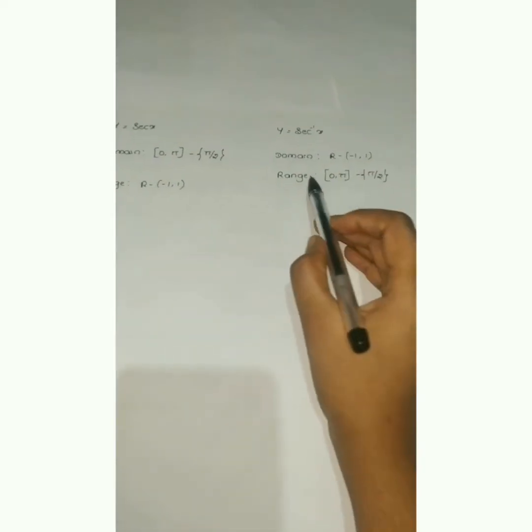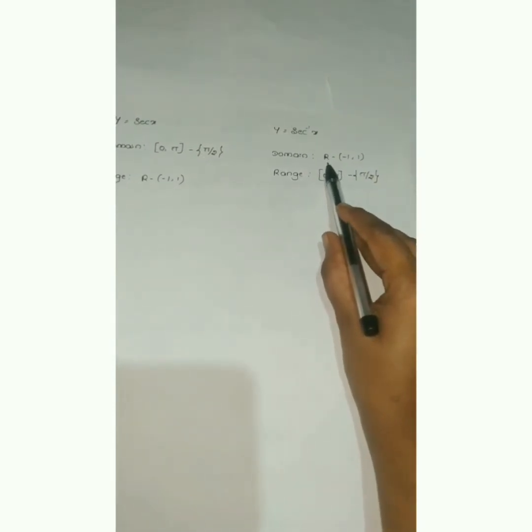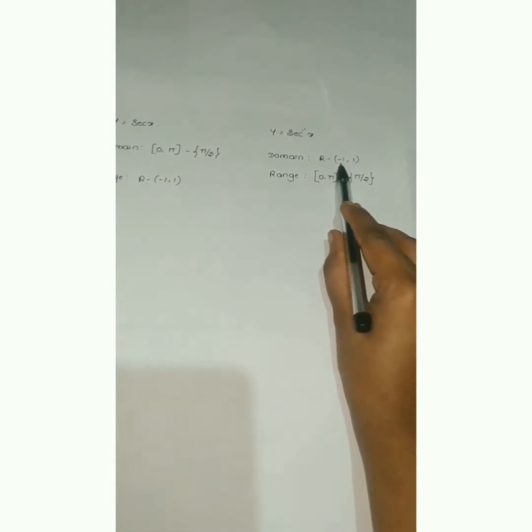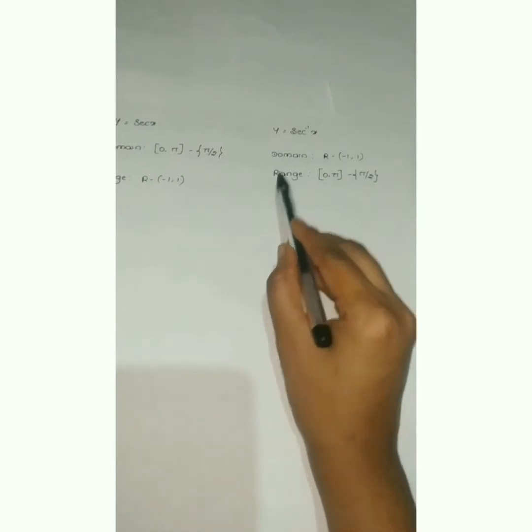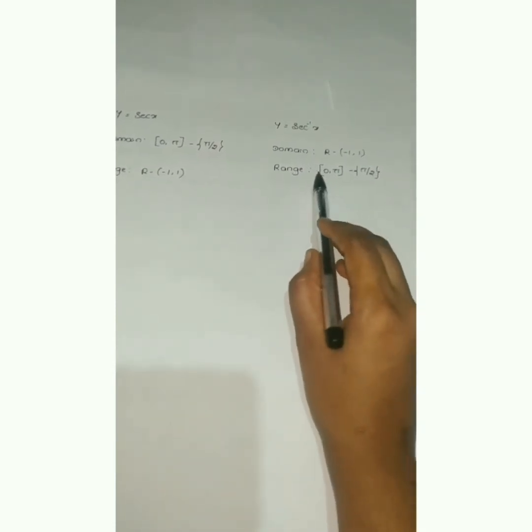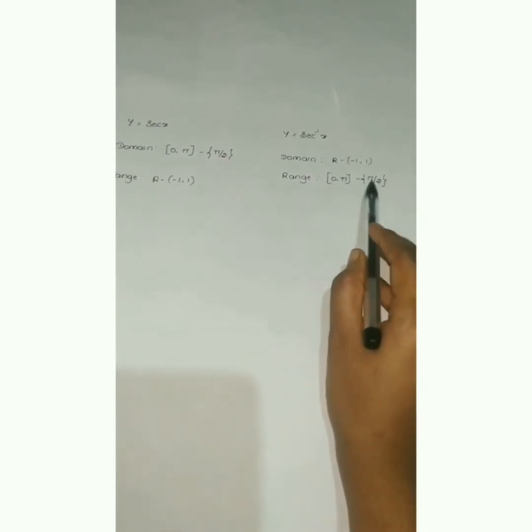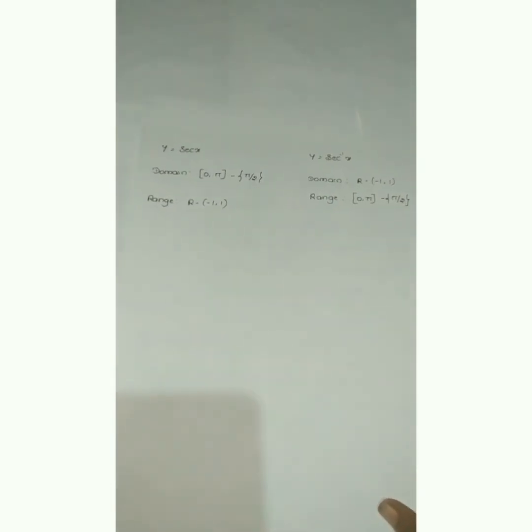And for the secant inverse function, the domain is all real numbers except the open interval minus 1 to 1, and the range of the sec inverse function is the closed interval 0 to pi except pi by 2 values.